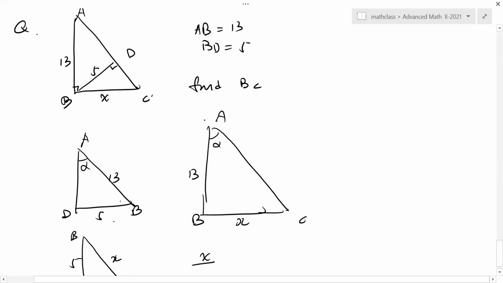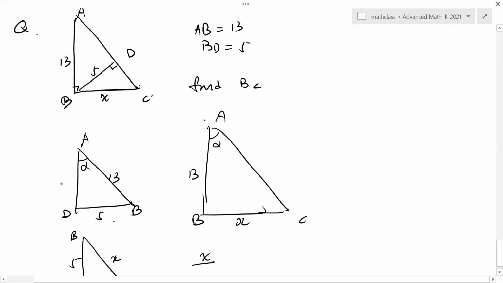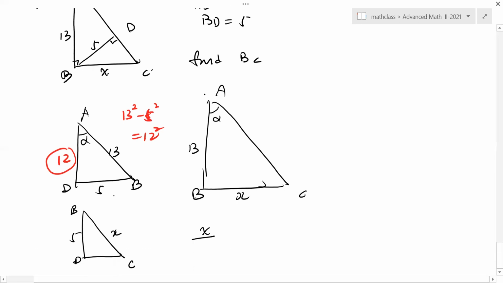But this is a right triangle, so this side should be 12. This is not given, but you calculate it by the simple Pythagorean theorem: 13 squared minus 5 squared is going to be 12 squared. Once you get that, then these two triangles are similar.